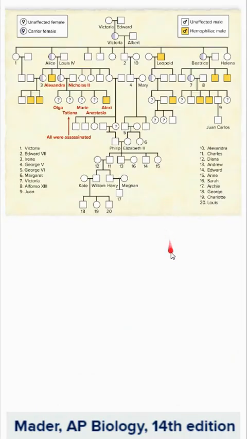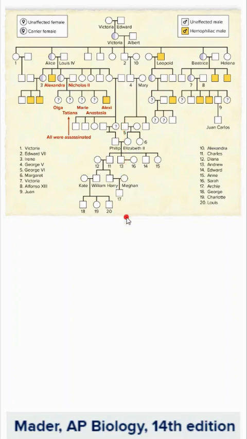Again, we can look at hemophilia, an X-linked recessive disorder, in the royal family. If you just look at this in general, you'll see that it's only males in this particular pedigree that have the trait.